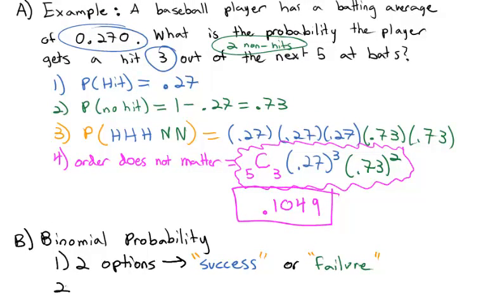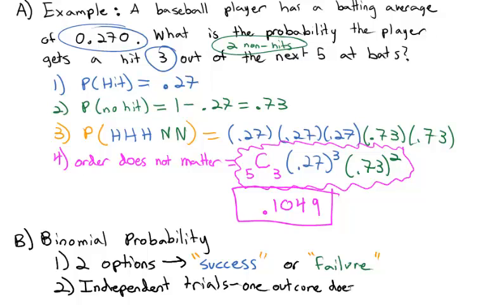Another thing that's important in these binomial probabilities, for that multiplication of individual probabilities to work, they have to be independent. Independent trials, and you remember that means one outcome does not affect the next.